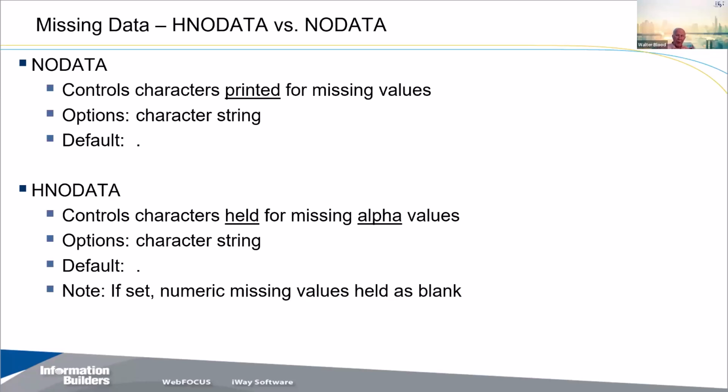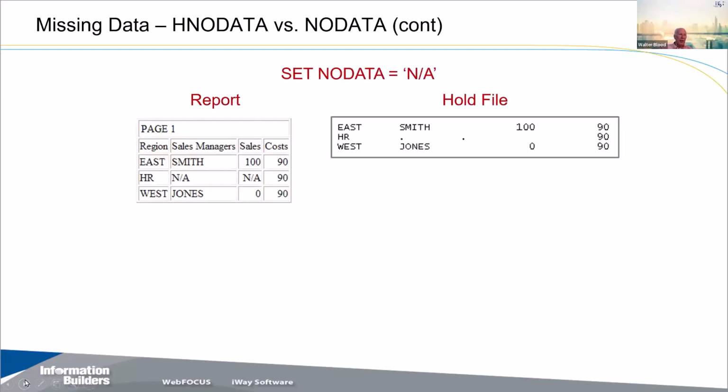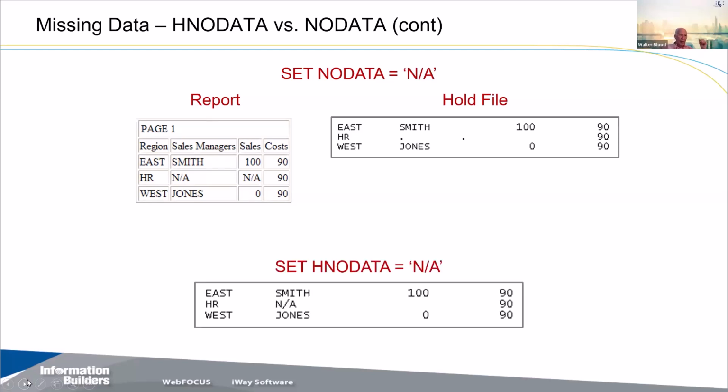You can set it to NODATA equals dot, and we will treat it that way so that we know that it's not calculated. I can also set it to something a little bit more meaningful, like N/A. Not applicable. Really very useful. When I set HNODATA, take a look at my hold file.